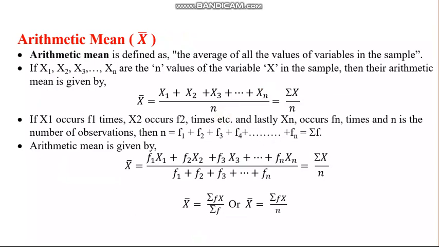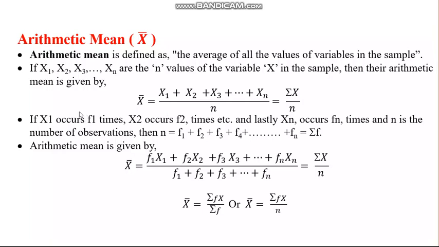Their arithmetic mean x bar can be given as the summation of all these, that is x1 plus x2 plus x3 plus so on plus xn, divided by the total number of values n. Otherwise it can be shown as sigma x upon n. This is capital sigma, that is summation. This is the formula for finding the arithmetic mean.